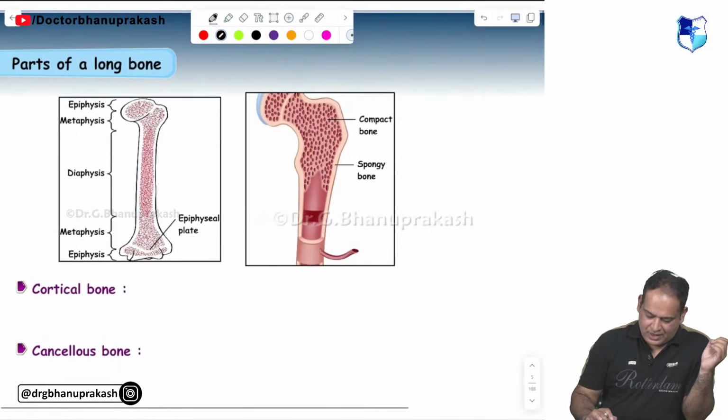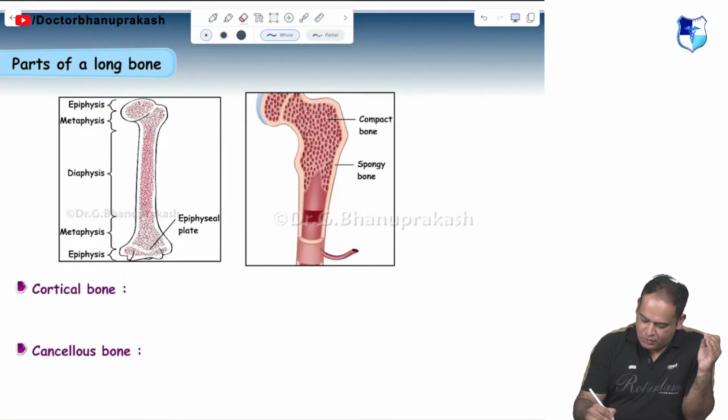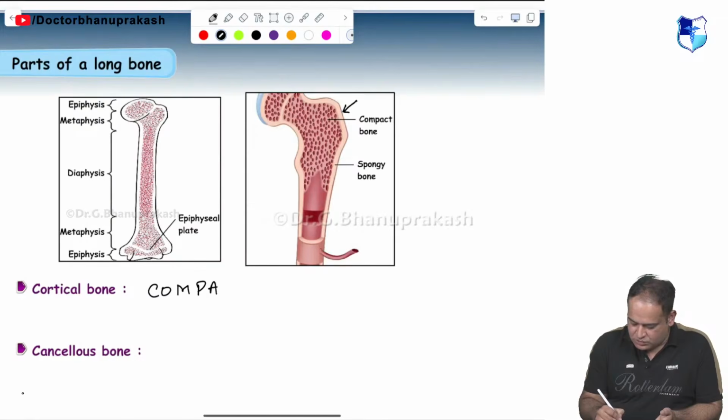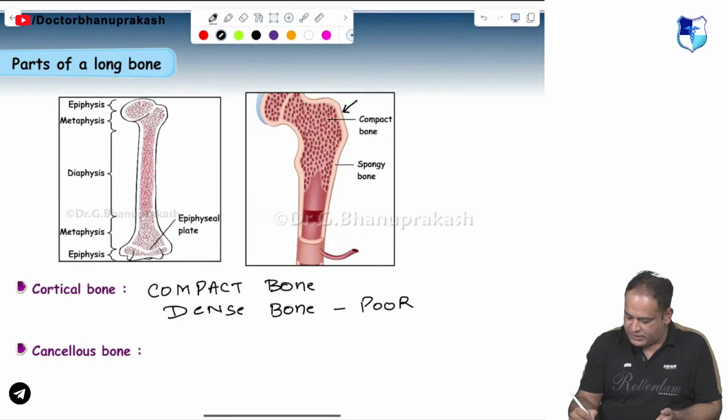Now, what are the different parts of the long bone? But before that, the outer part of any bone is made up of compact bone. Cortical bone, also called compact bone, is very, very dense. Because it is dense, it has poor vascularity.